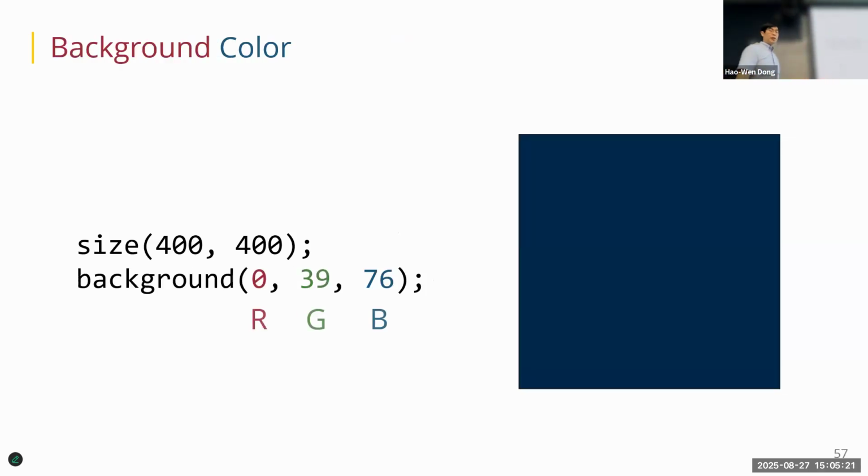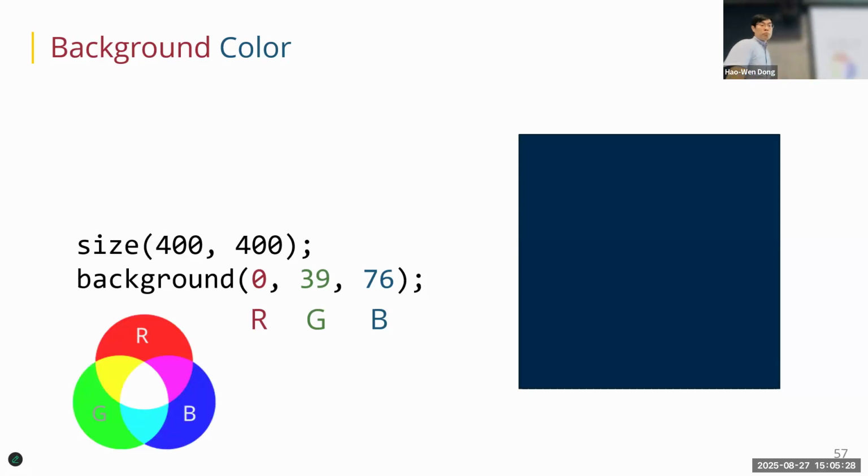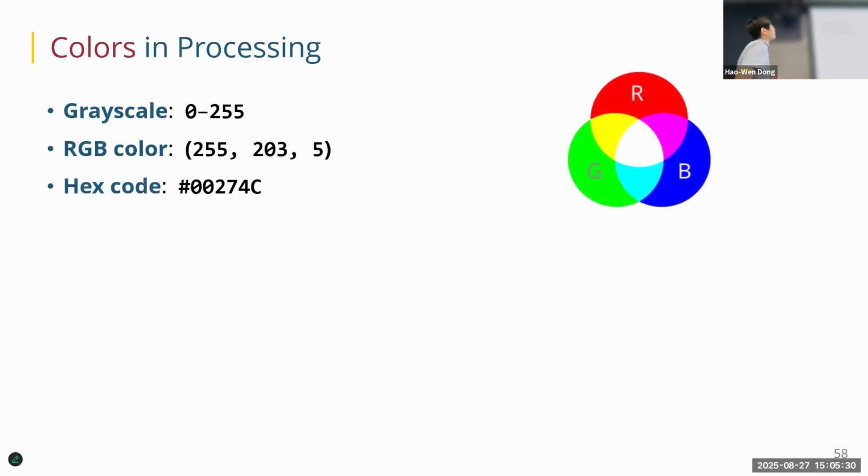And we talked about color. Most likely you're using RGB or hex code. If you just put in a number, it's the same for every RGB channel, and that will give you a grayscale. You can also do RGB color. If you're grabbing colors online, usually you get a hex code.